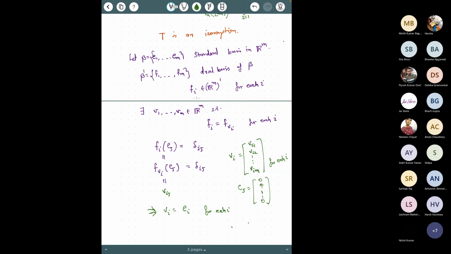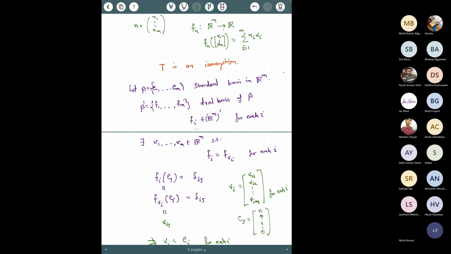Now you can see that because of this isomorphism, these linear functionals f1 to fm, which you were identifying by the vectors v1 to vm, if this is a dual basis, then v1 to vm turn out to be e1 to em itself.